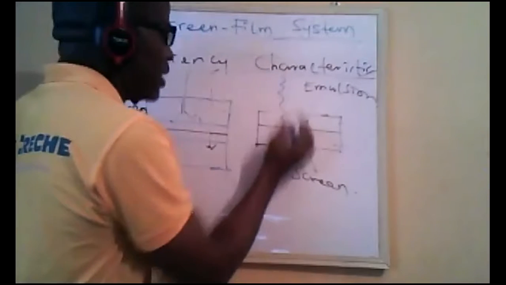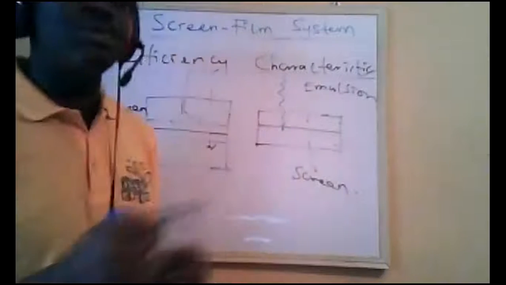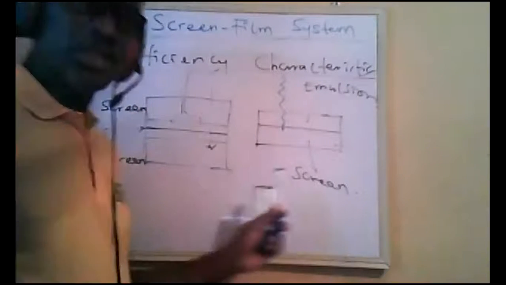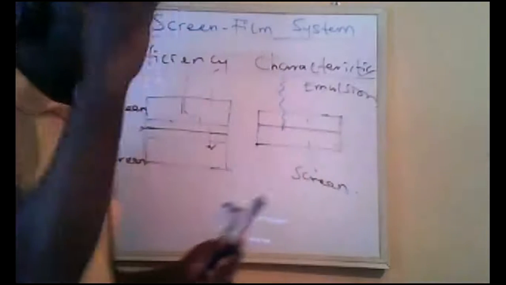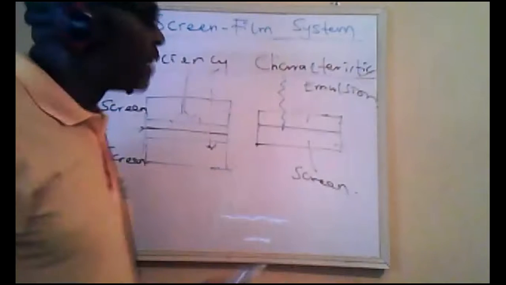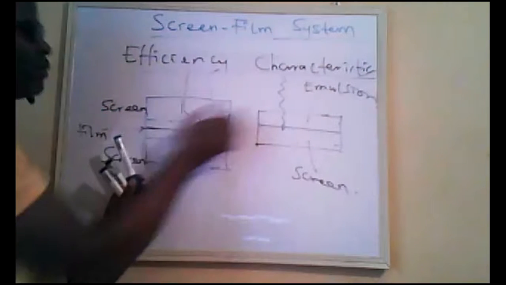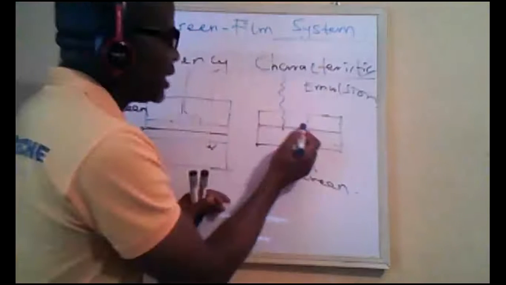Most of the X-ray photons will interact at this junction, so there wouldn't be so much lateral dispersion of the light. The detail of whatever we want to see is preserved. If you take it the other way, there would be lateral dispersion of light.